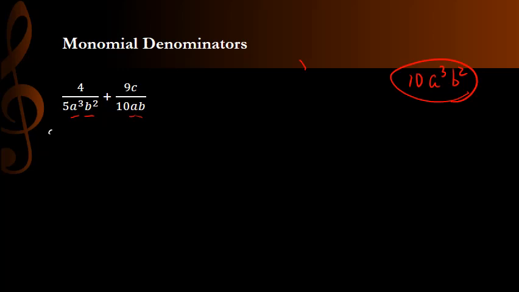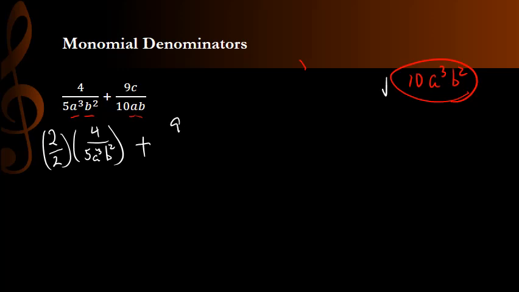But what I can do is take 2 over 2 times 4 over 5a cubed b squared. All right, now what about on the right side? What is it going to take to get that denominator 10ab to equal 10a cubed b squared?